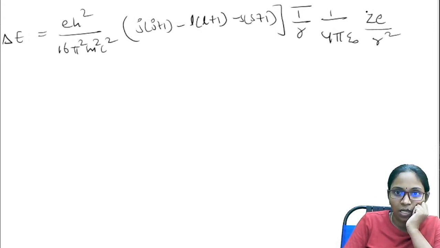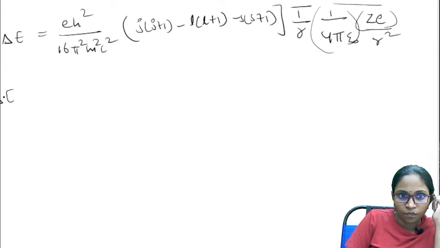As r is varying, I have to take the bar over this. These are constants, so I have to write them separately.